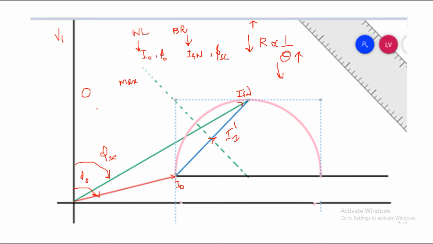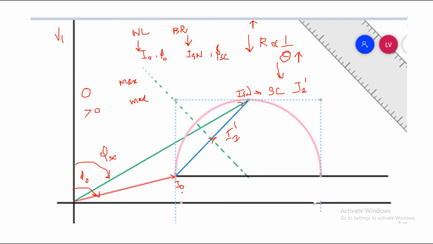Whereas ISN is going to have a value greater than 0 till its maximum value. So this ISN is not going to include the 0 value of I2 dash. So it is indicating only the short circuit condition of I2 dash and not the open circuit condition of I2 dash.